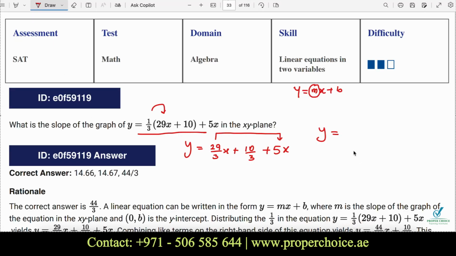So this becomes 14.6666x plus 10 by 3, or y equals 44 by 3x plus 10 by 3. This itself is the slope of the line they are asking about. So m equals 44 by 3, and 44 by 3 is the right answer, as you can see here.